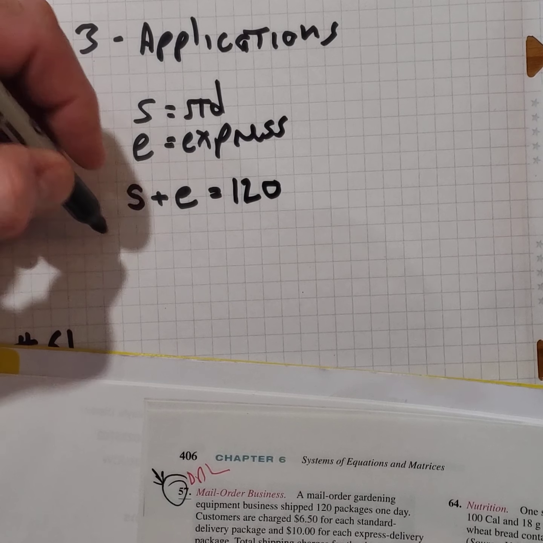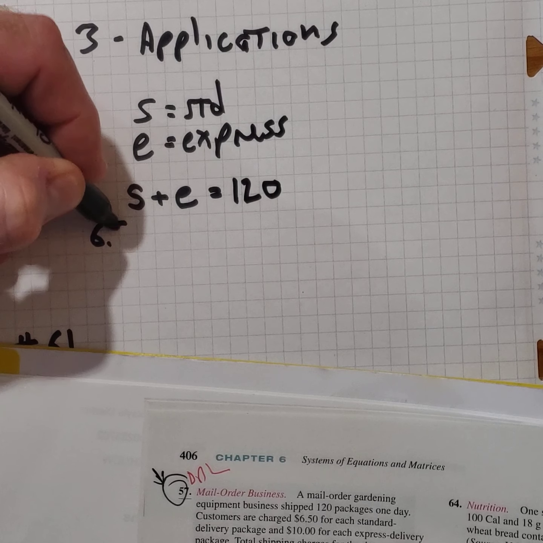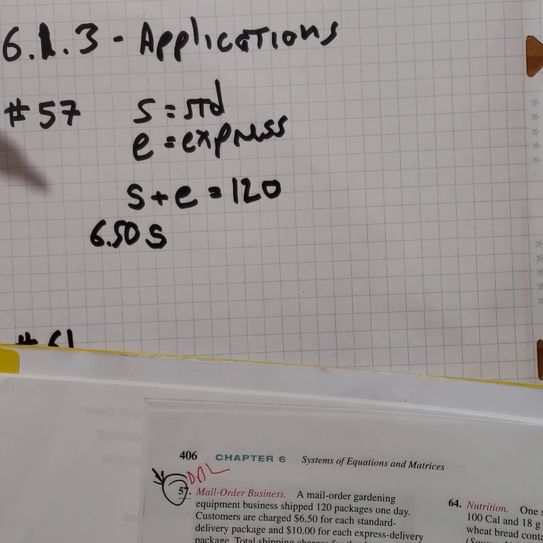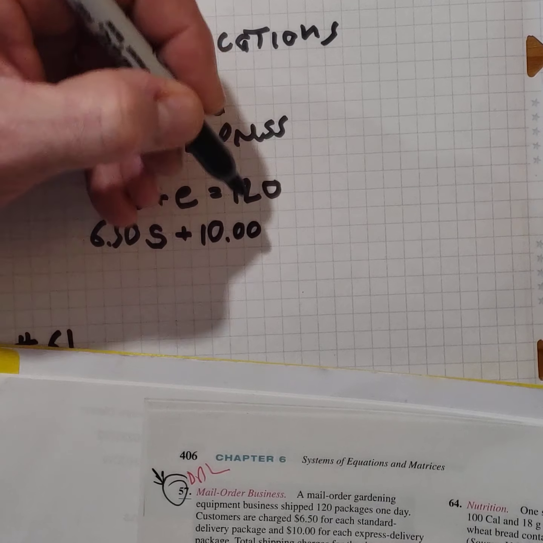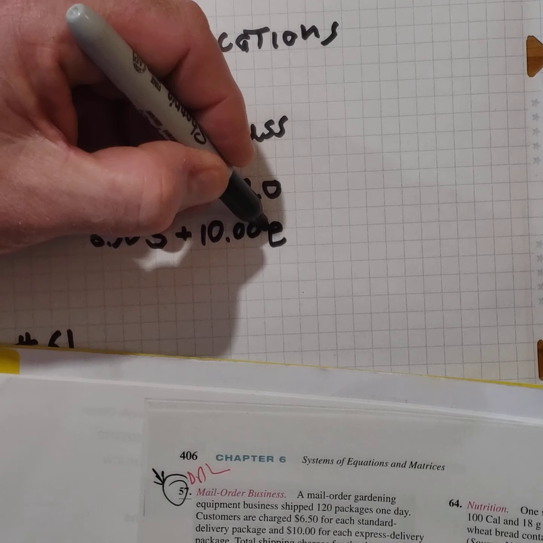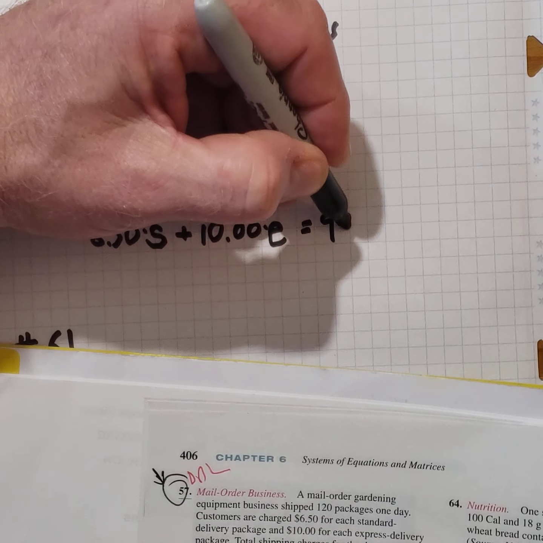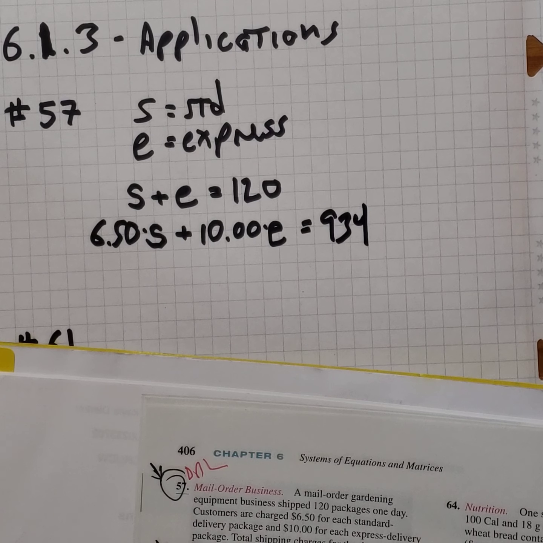And then the cost, the standard was $6.50. So if I take $6.50 and multiply it by the number of standard packages, plus $10, I don't really need the 0.00, but just for emphasis, times the number of express packages, that's going to give me the $934 that they paid for shipping that day.